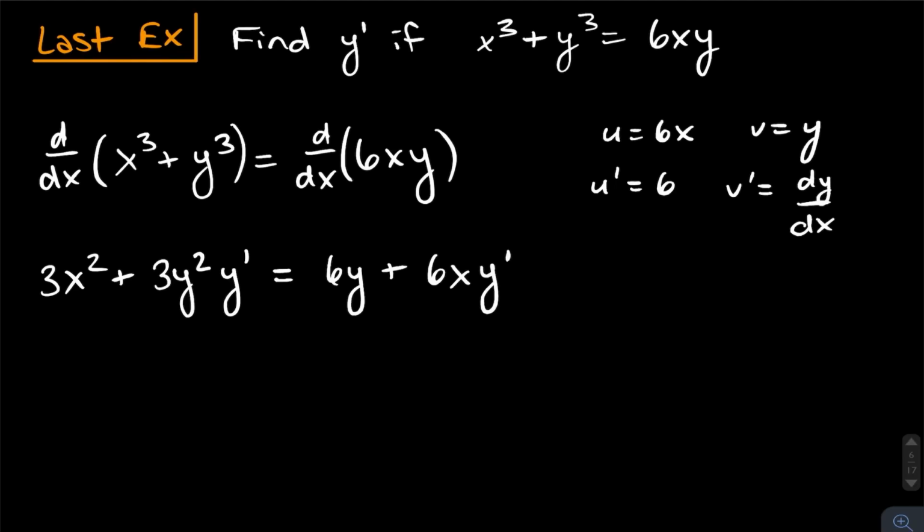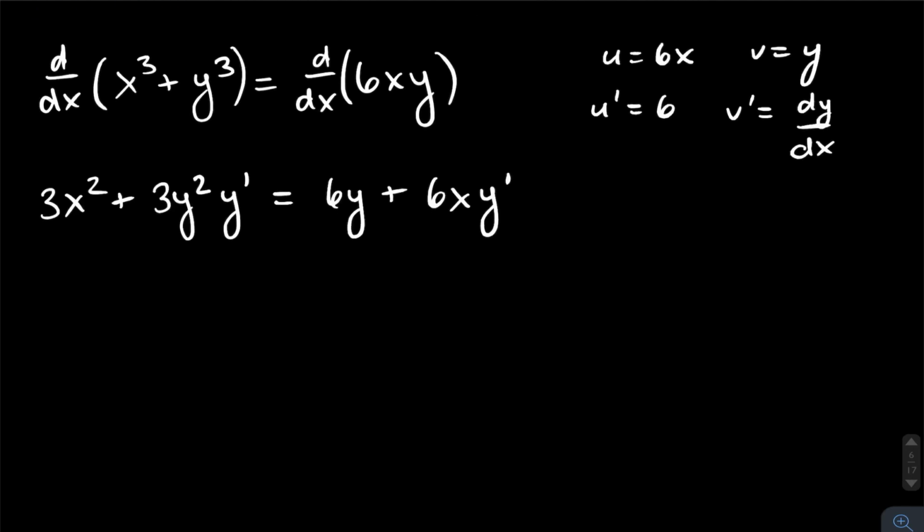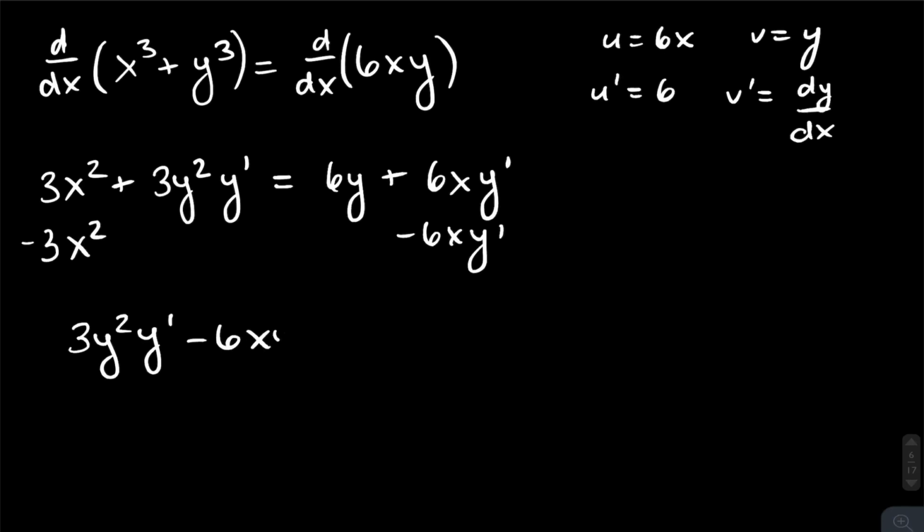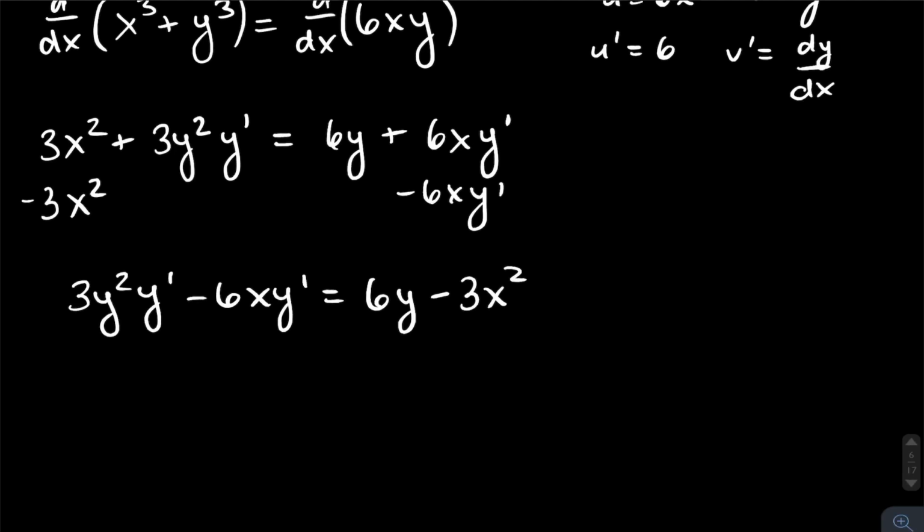And then it's just a matter of solving for y prime. We just want to get all our y primes to one side first. So we can subtract the 6x y prime on both sides and subtract the 3x squared on both sides. And then we get 3y squared y prime minus 6x y prime equals 6y minus 3x squared. Then we just factor that y prime out because it's in both of these terms, and you'll see that we get something that we can just end up dividing away.